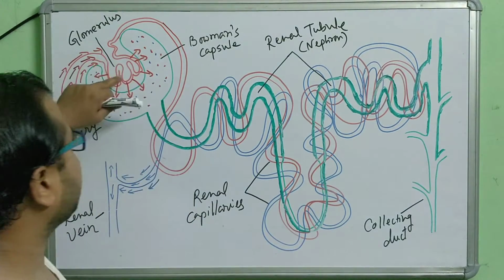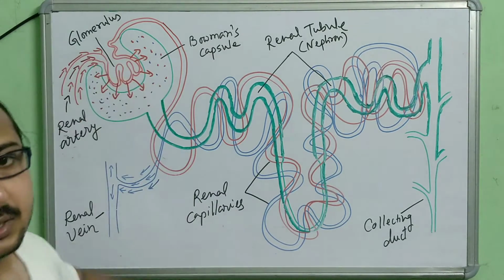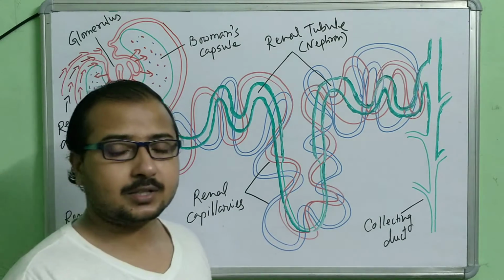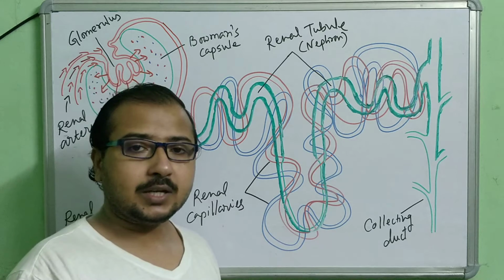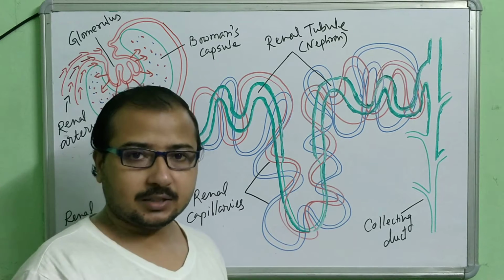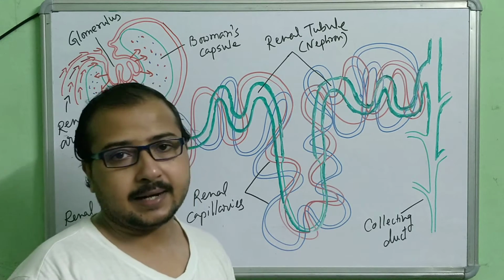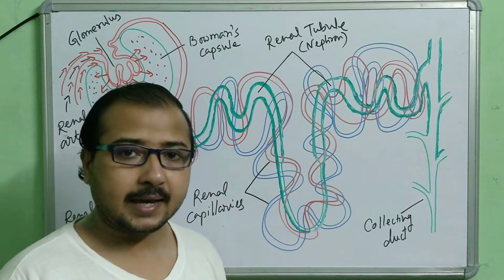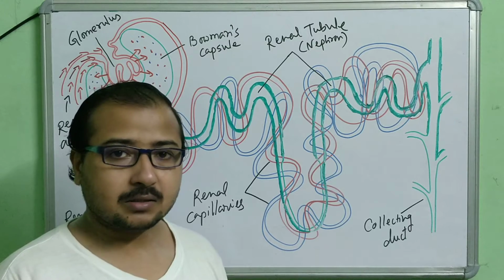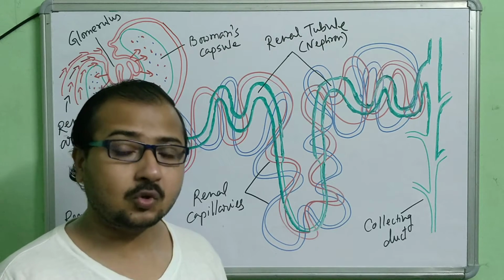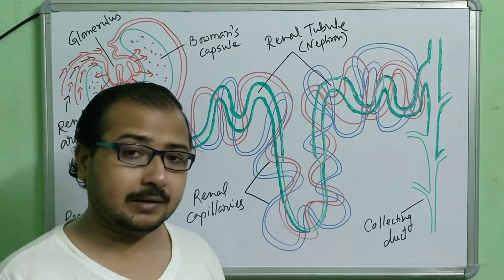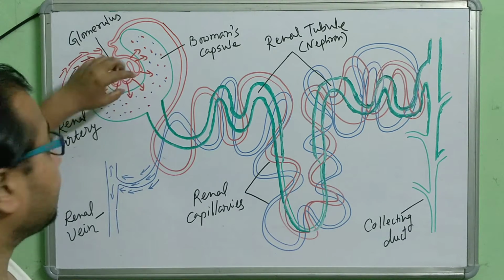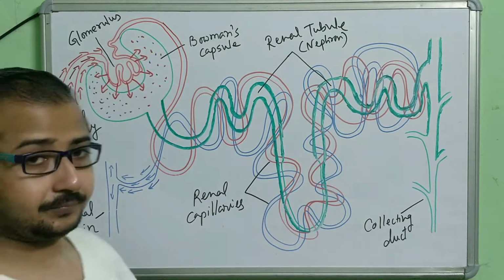The pressure worked here, as a result of which all filtered out. Now here we can see excess water, nutrients and wastes. Now what are the wastes? If you remember, urea, uric acid, ammonia are the major wastes, and excess water, which is also not required by our body, is also waste. And what else? Nutrients like amino acids, glucose, vitamins. These are the nutrients which, as a result of the pressure, also come into this Bowman's capsule.